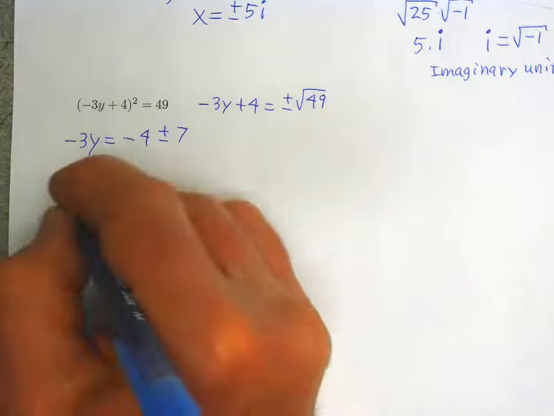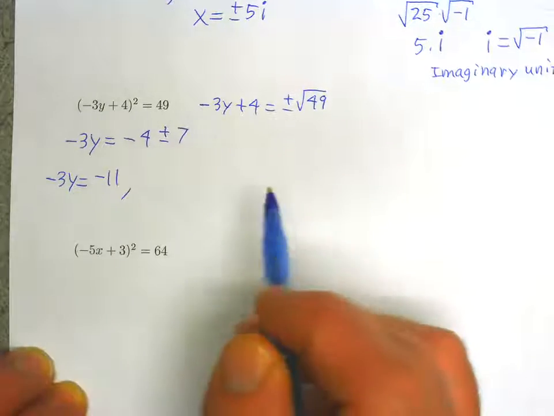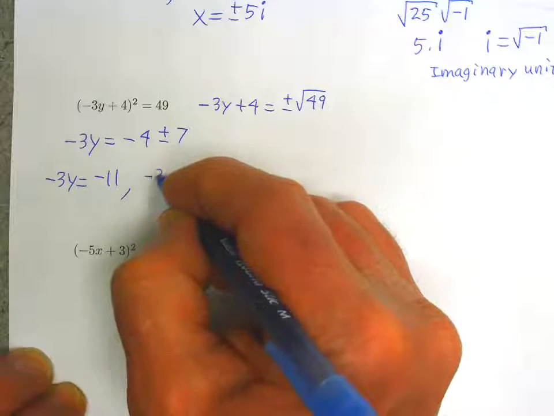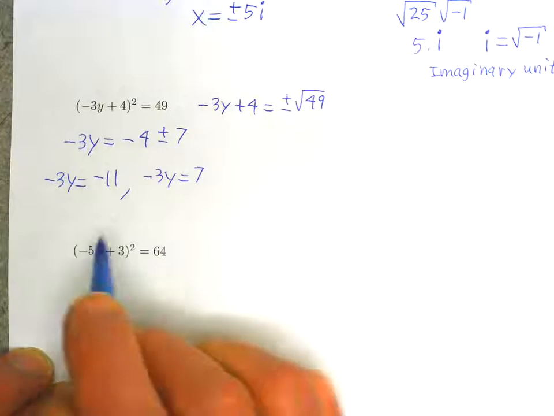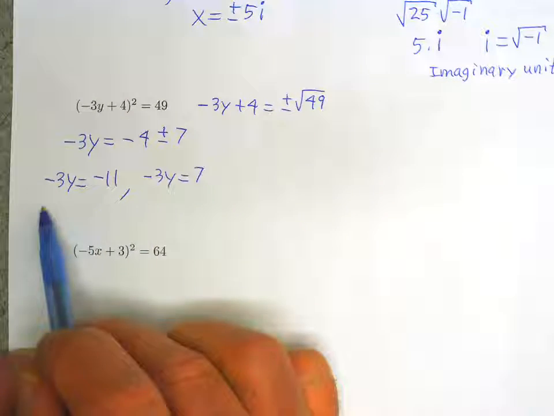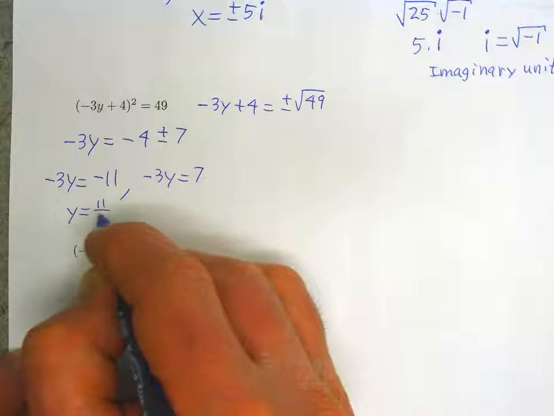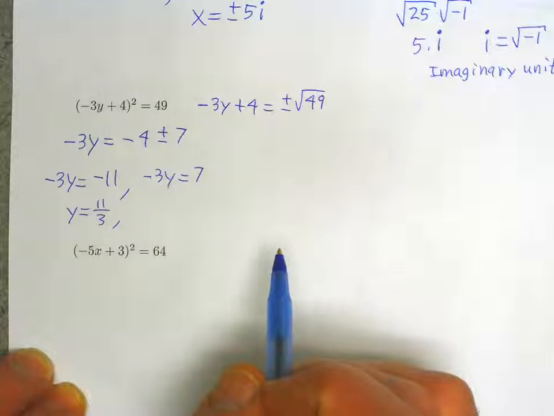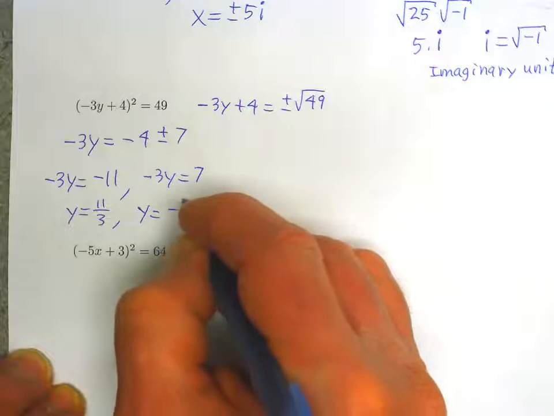So in one case, negative 3y is negative 4 minus 7, or negative 11. And in the other case, negative 3y is negative 4 plus 7. And then just solve each of those for y, divide both sides by negative 3, y equals positive 11/3. And the other solution is y equals 7 divided by negative 3, or negative 7/3.